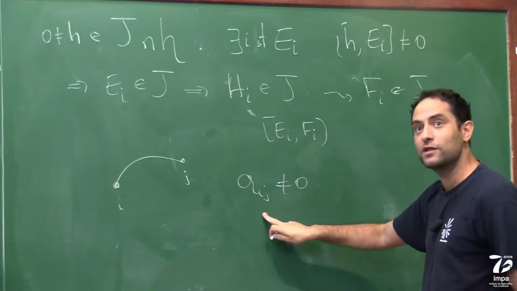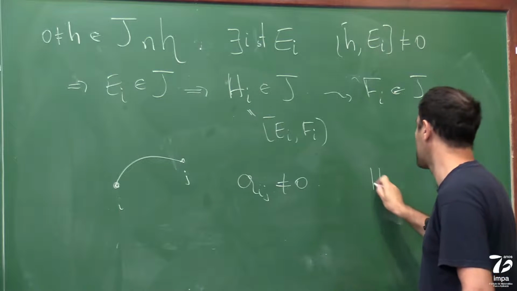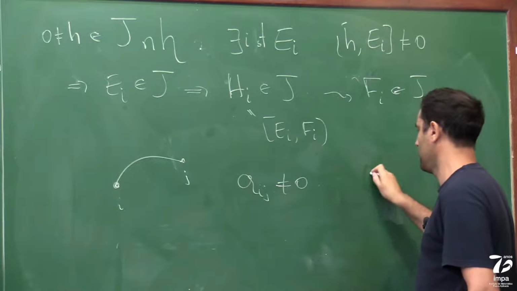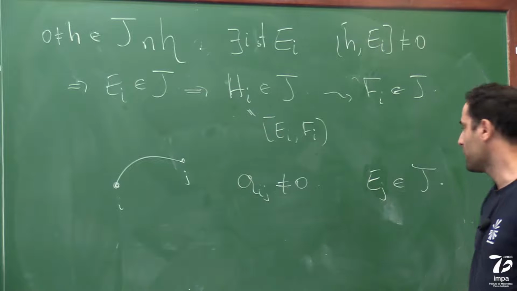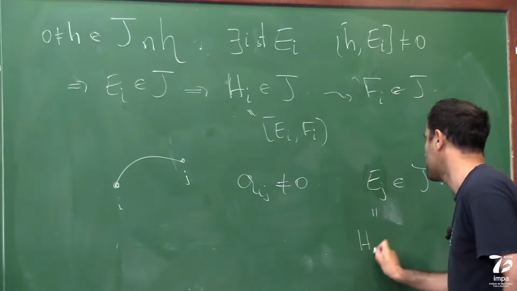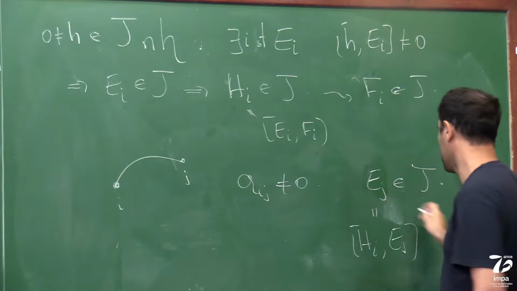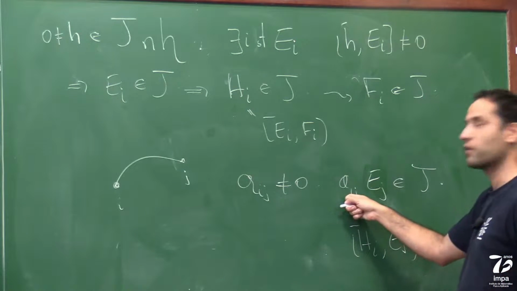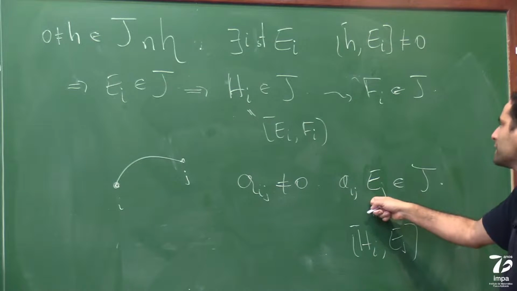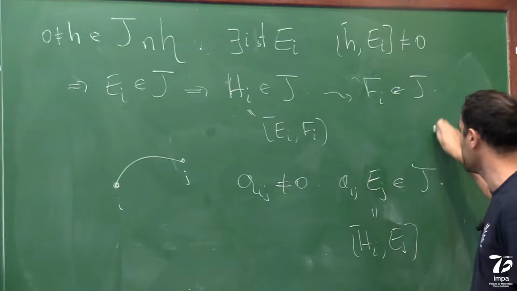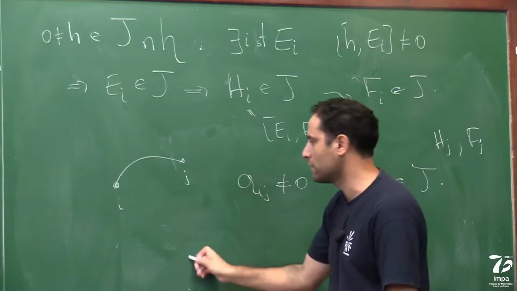And if Aij is non-zero, then EJ is in the ideal, because EJ is now the bracket of HI with EJ divided by this number. This bracket is non-zero, therefore EJ is in the ideal. And if EJ is in the ideal, you play the same game: HJ is in the ideal, and FJ is in the ideal. And since the diagram is connected, you can get the whole diagram.